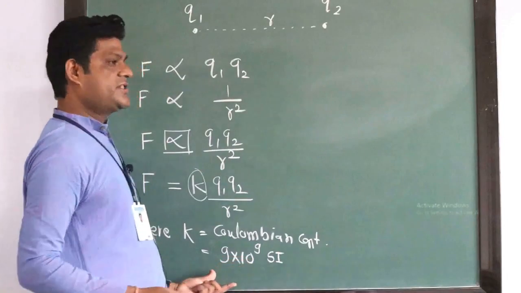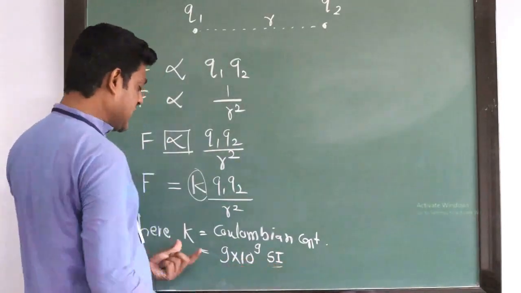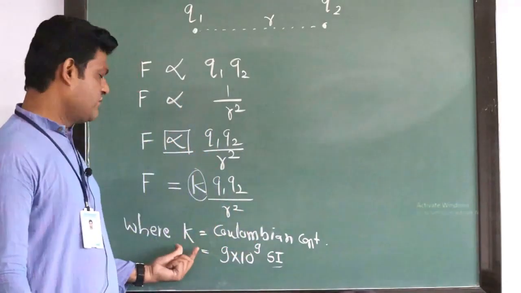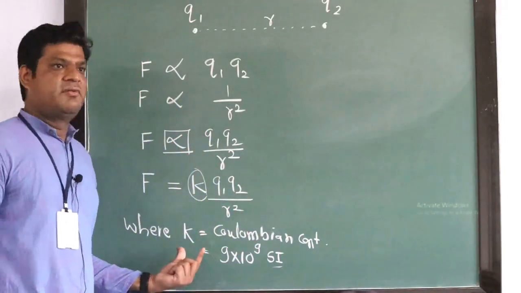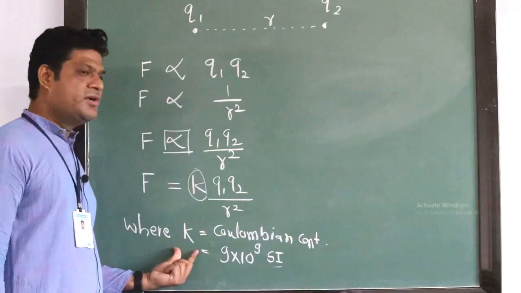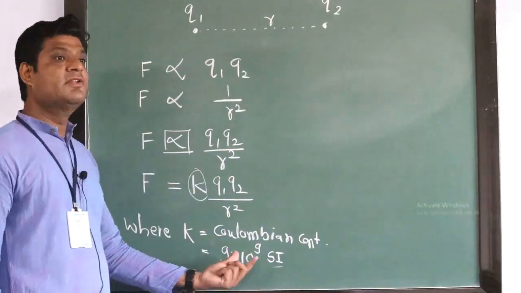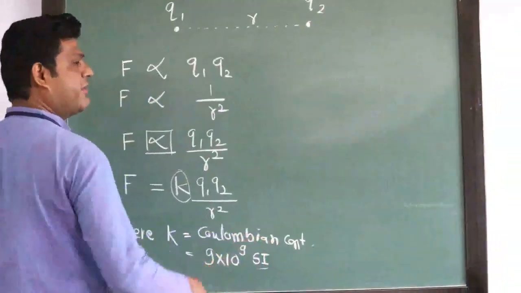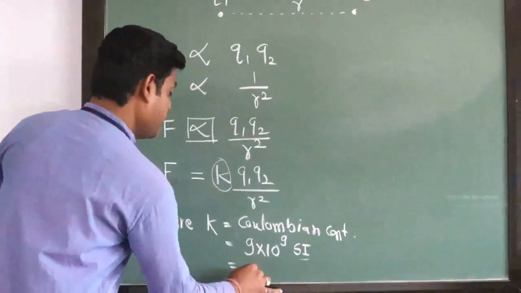At last we will solve what is the SI unit of k and what is the dimension formula for the Coulombian constant. There may be a question in the MCQs to find the dimension formula for k, so we will solve it separately.